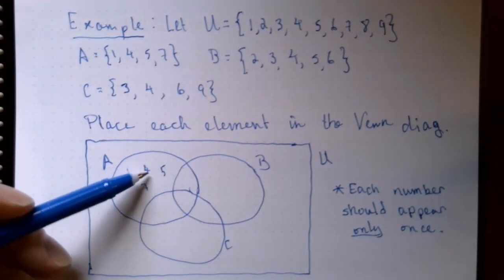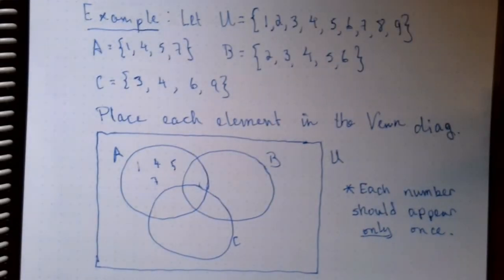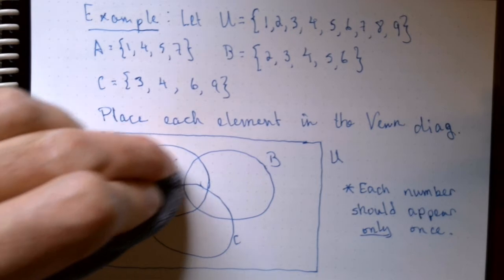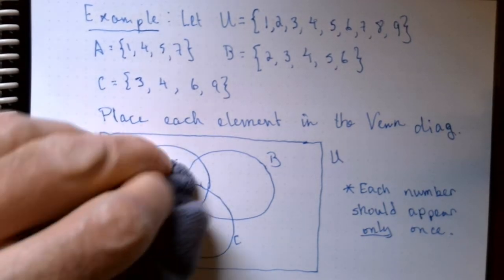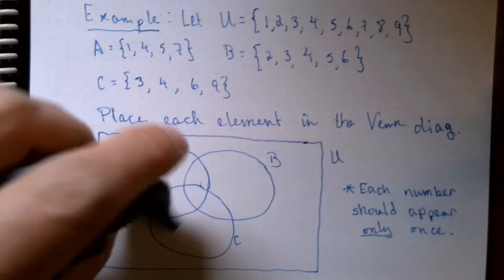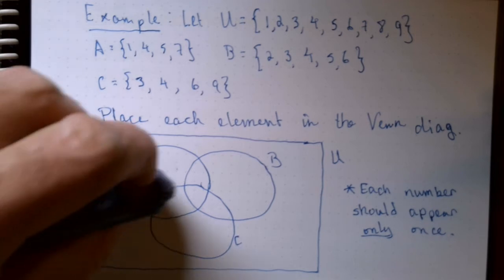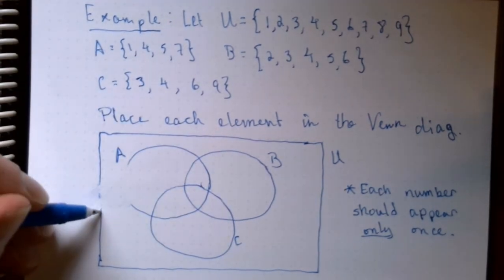The 4 shouldn't be here because the 4 should also belong to B. All right, so I'm going to need to erase all that because that's not what we want to do. So give me a clean slate there. Okay, gonna have to fix that, but that's okay.